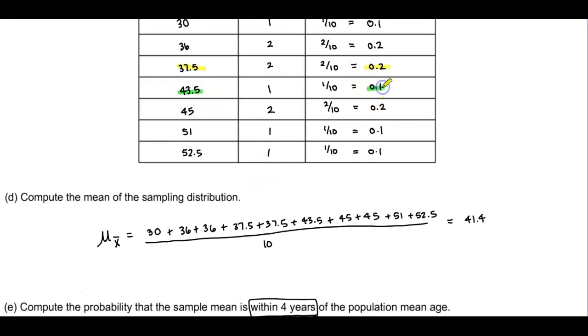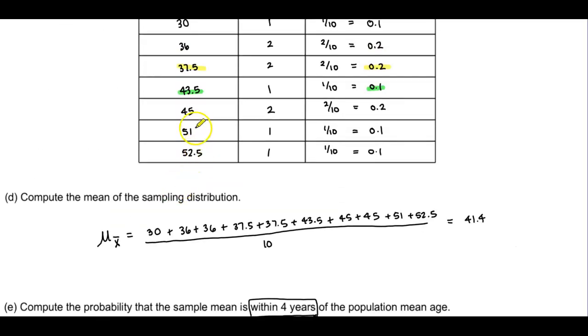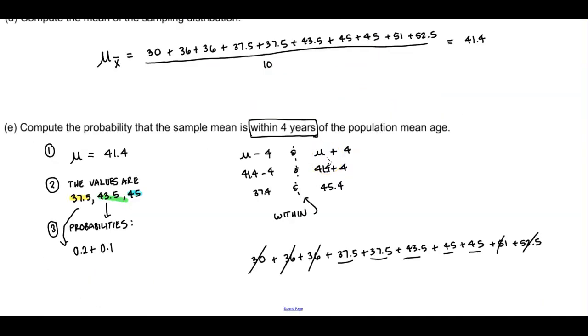The probability that we have there is 0.1, so we're going to add 0.1. And then what is the probability for 45? Coming back up here, here's 45, and the probability is 0.2. So that's plus 0.2. Now when we add them all together, that gives us 0.5.